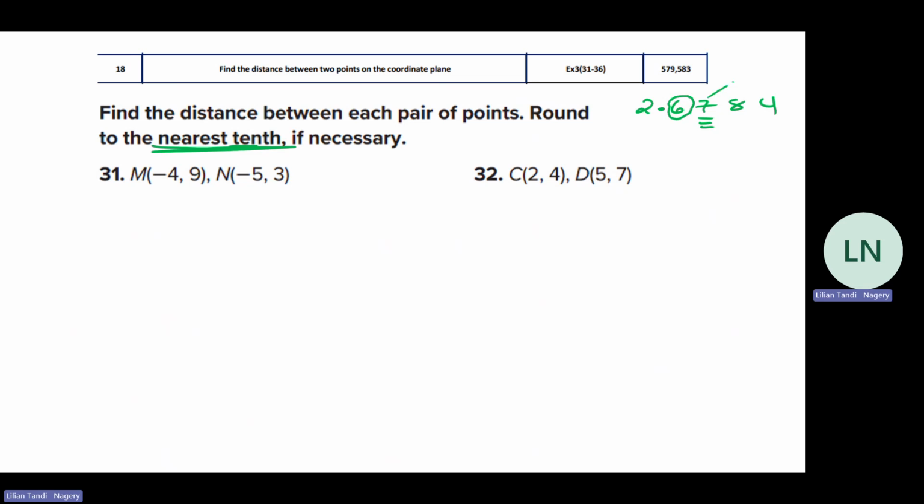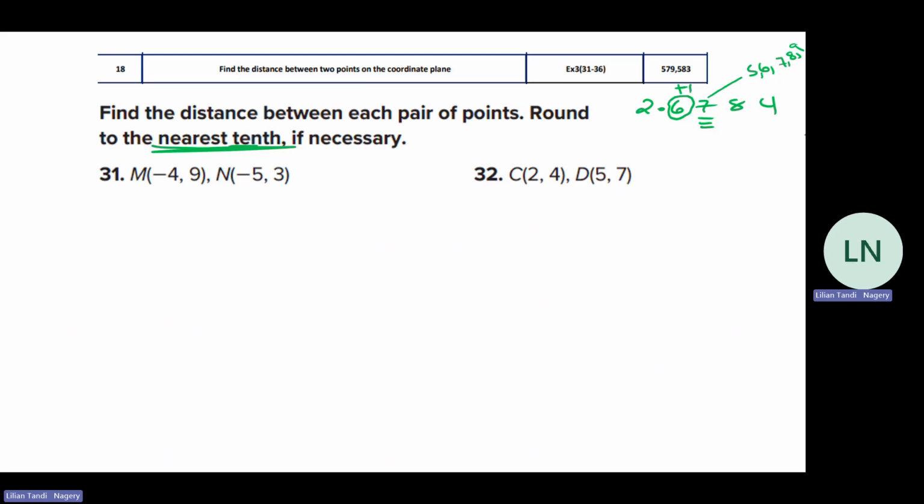Now, if the number that you have underlined is 5, 6, 7, 8, or 9, then you're going to add 1 to your circle. If this digit is 4, 3, 2, 1, or 0, then you don't add. You only add 1 if the number that you have underlined is 5, 6, 7, 8, or 9.